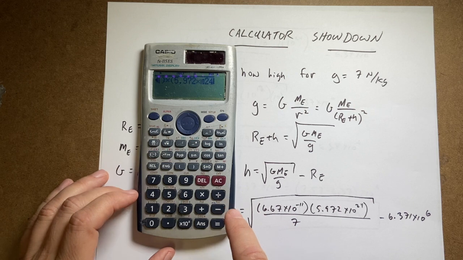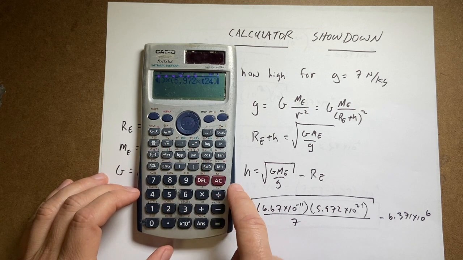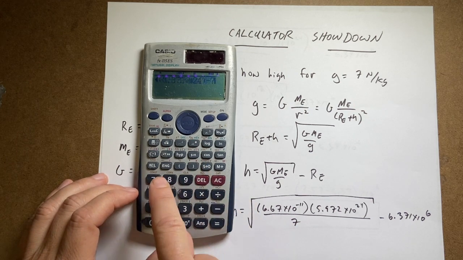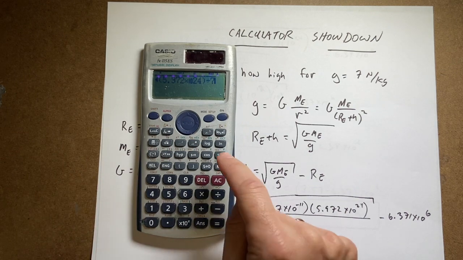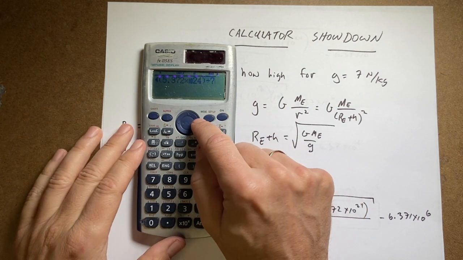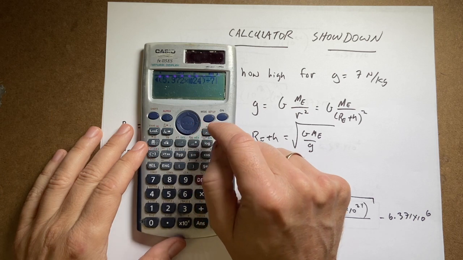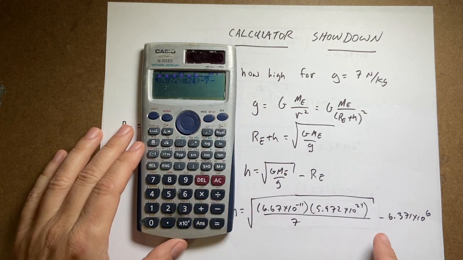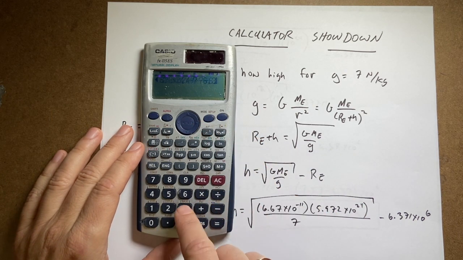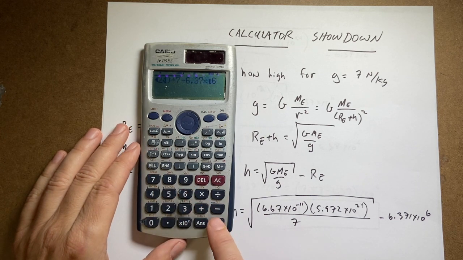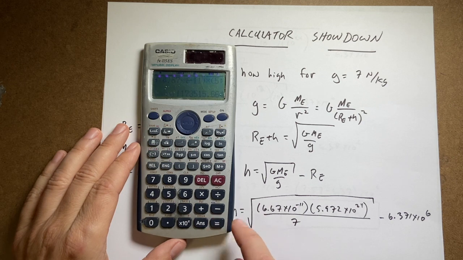That doesn't look right, but okay. All that divided by 7. Now, how do I get out of the square root? Let's see if that works. Minus 6.37 times 10 to the 6th. If this works, I'll be super surprised.